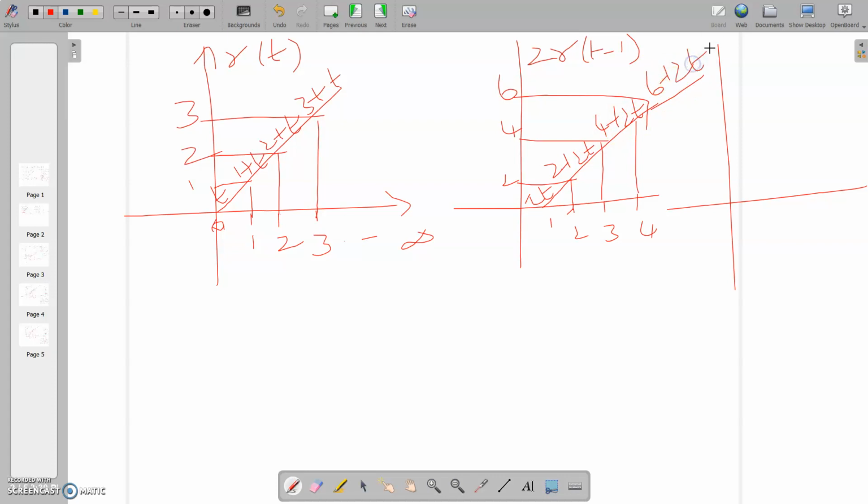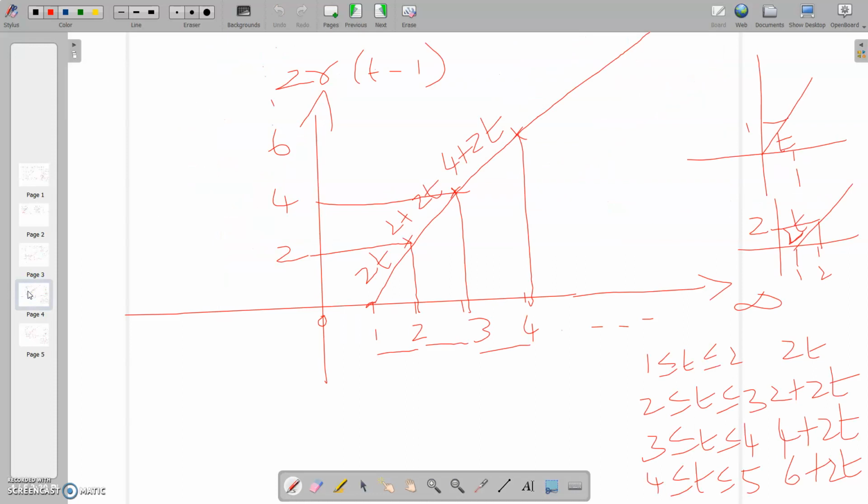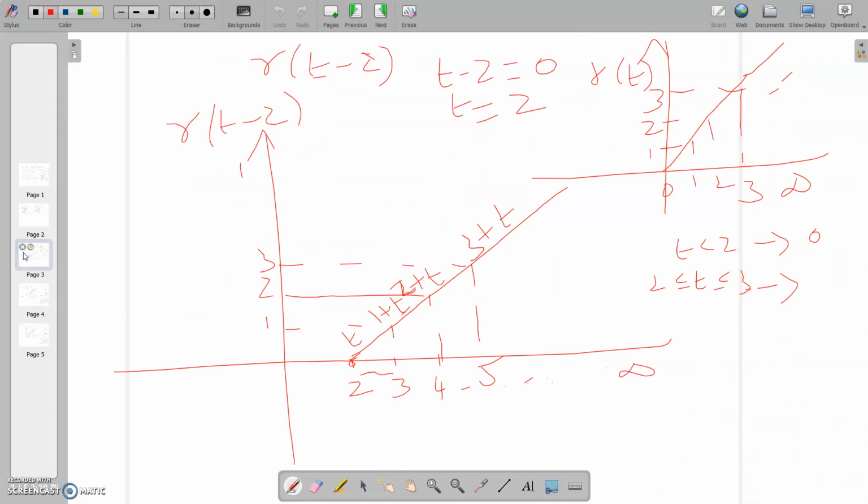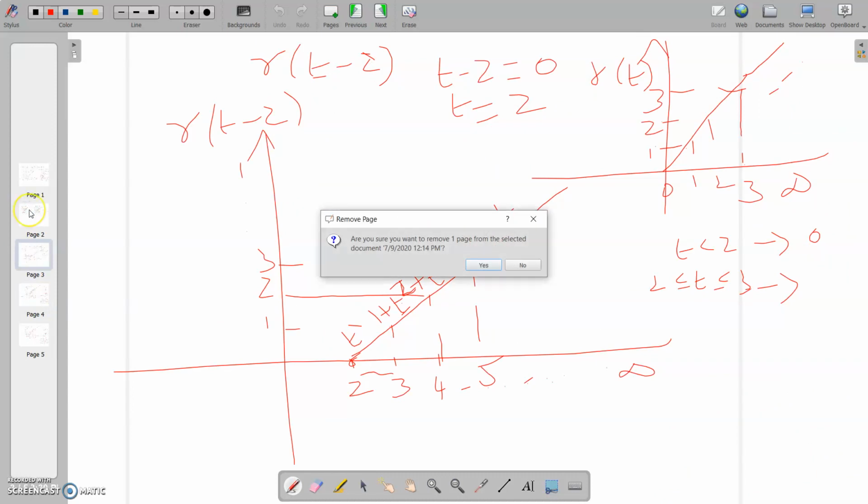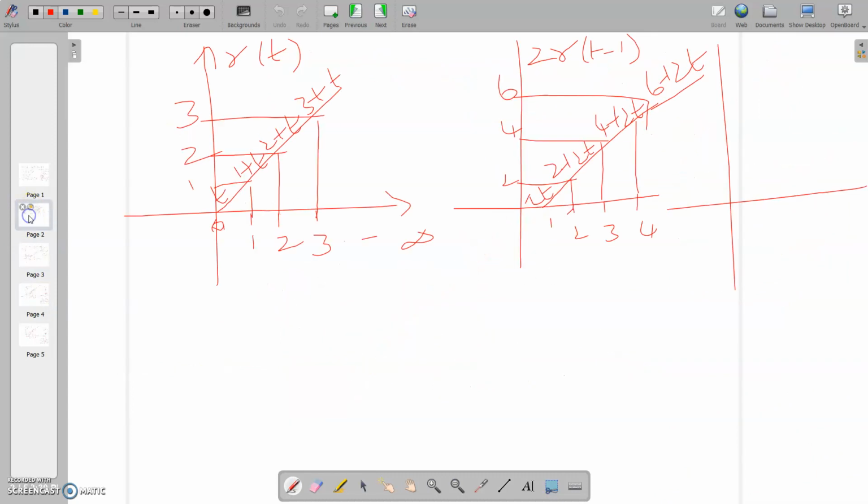Okay. And then what about your third signal? Third signal is r of t minus 2.